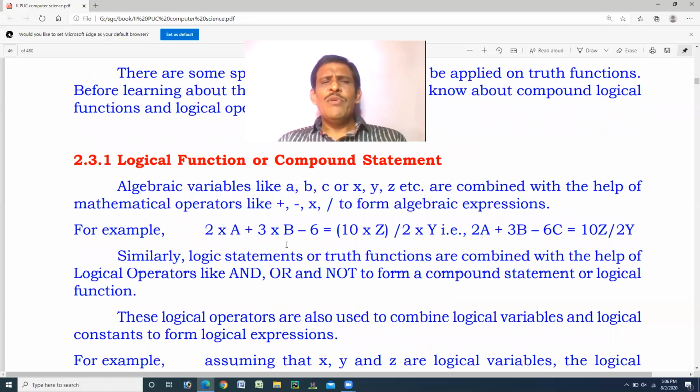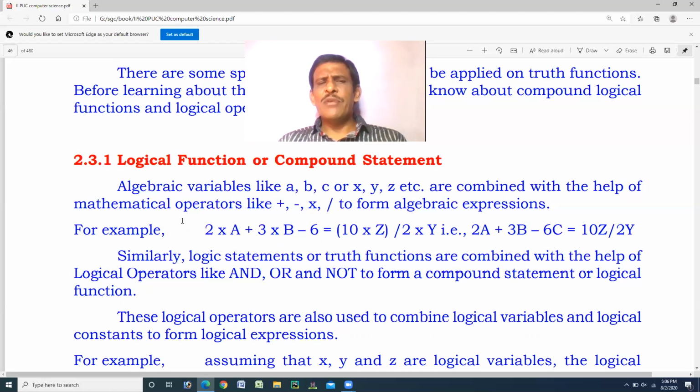Now, to do that, we'll go with logical function or compound statement. The algebraic variables like ABC or XYZ etc. are combined with the help of mathematical operators like plus, minus, into, slash to form algebraic expressions.